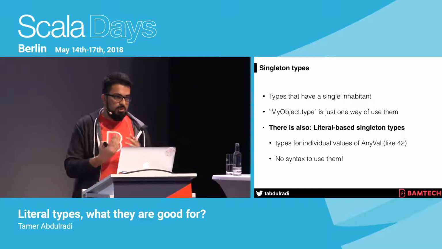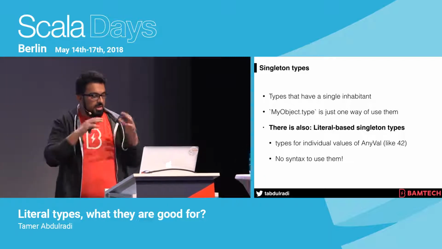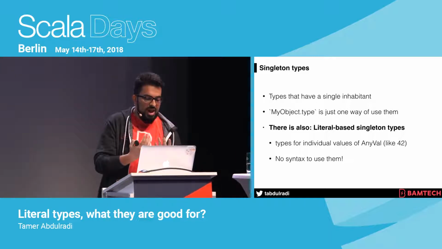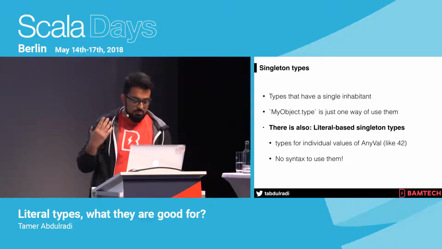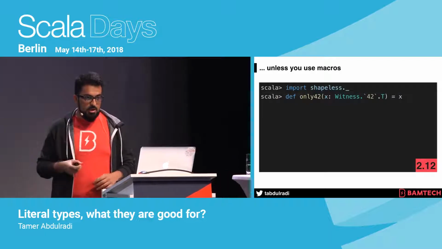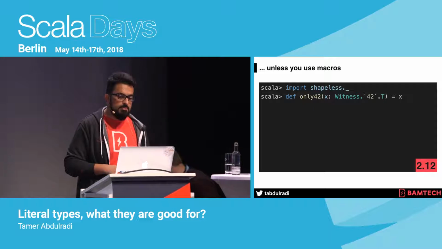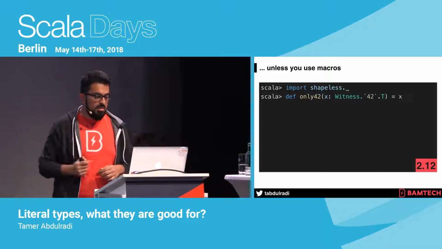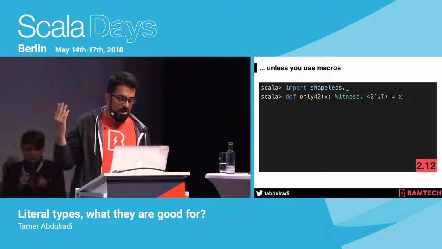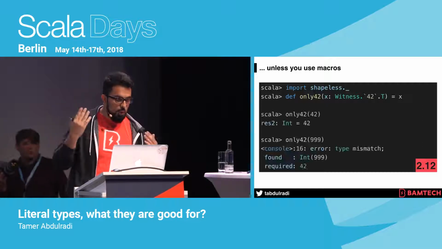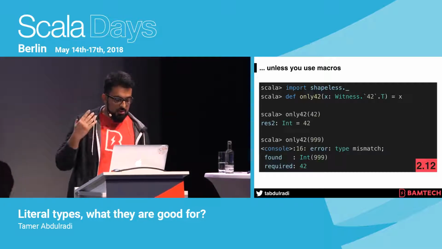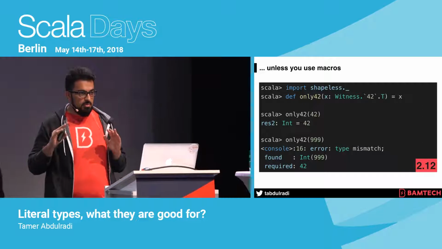So the feature was pretty much like a beast in a cage. You can't interact with it unless you use something like shapeless, which kind of invents syntax for you to use literal types. So this line basically means we are having a function that can accept only 42. And if you pass anything else, this is a compile error.